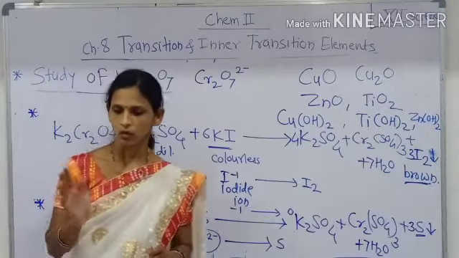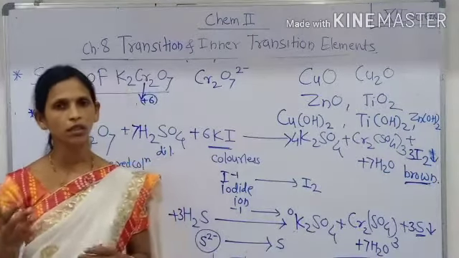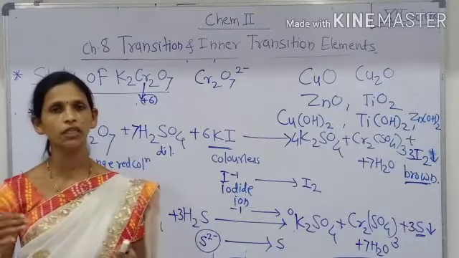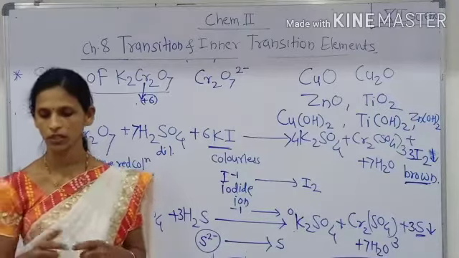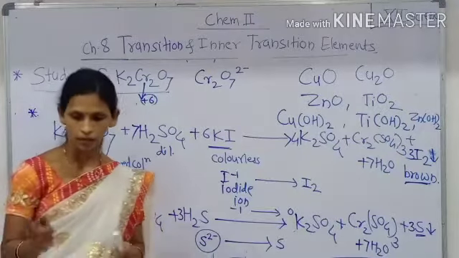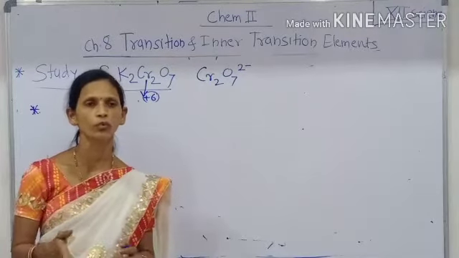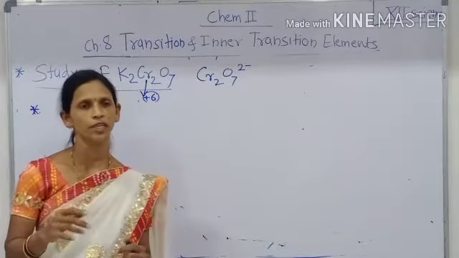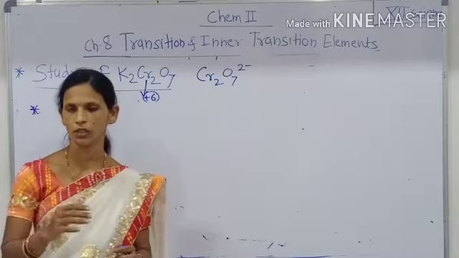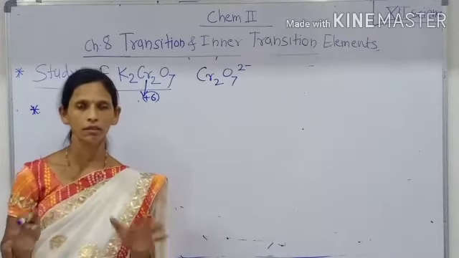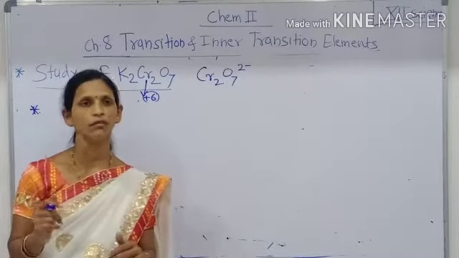Then what are the differences in the properties of elements present in different transition series? See here, there are different chemical properties shown by the elements present in different series also. Then what are the different properties shown by the elements present in different series?